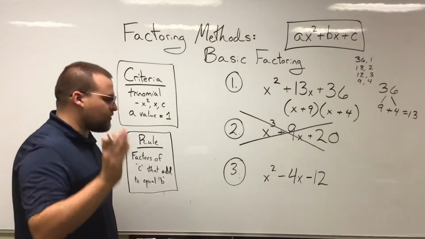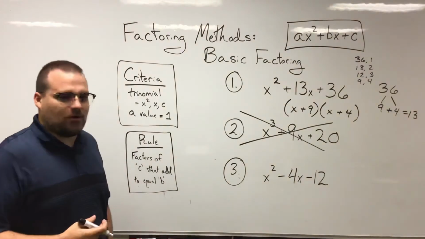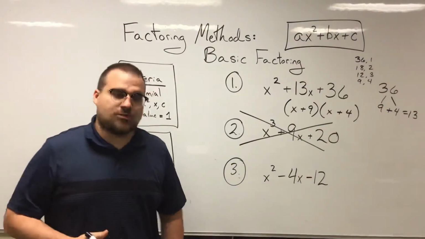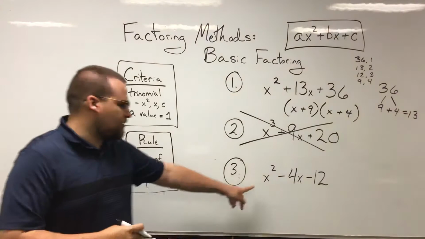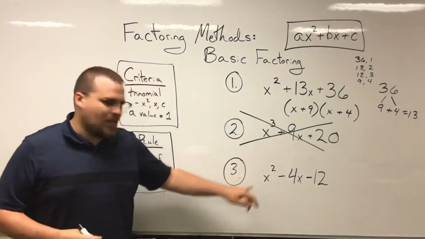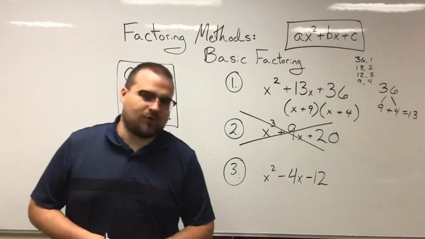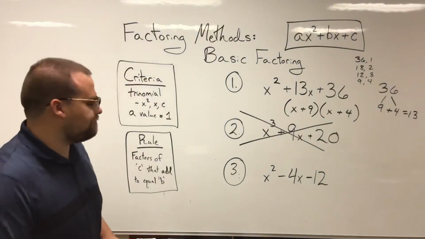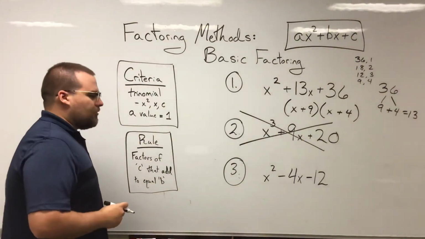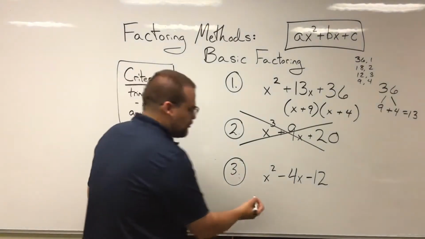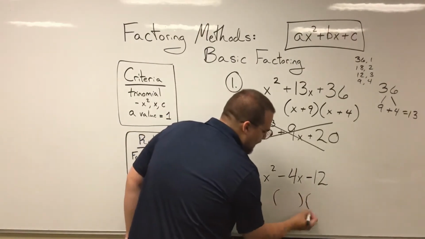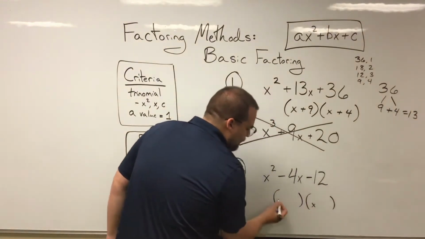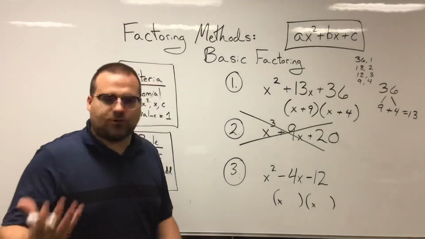Number 3 says x squared minus 4x minus 12. You'll notice this meets our criteria as well. X squared, x, constant, and we have a coefficient of 1 in front of the x squared, or an a value of 1. So we want to go ahead and write our 2 binomials, both starting with x, or whatever variable is used in the polynomial you're working with.